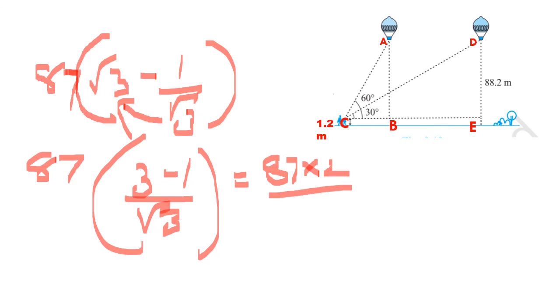upon root 3. But let us rationalize the denominator. So multiply by root 3 in the numerator as well as the denominator.